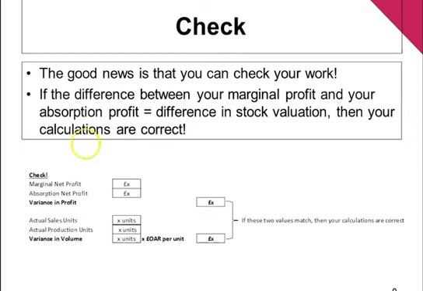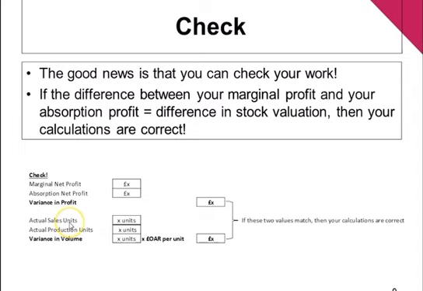And so the good news is that you can actually check the variance between the two. Here you go, just to make it nice and simple, the marginal profit that you end up with and the absorption profit that you end up with, there will be a variance, and it will be a certain amount.